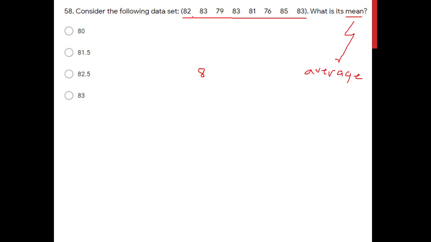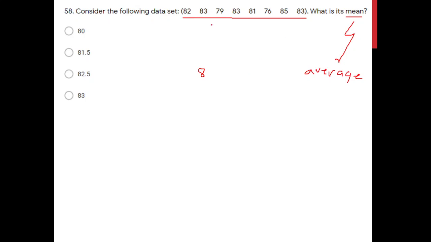So let's use our calculator here. So you have 82 plus 83 plus 79 plus 83 plus 81 plus 76 plus 85 plus 83.